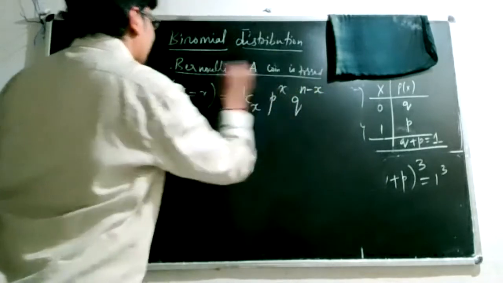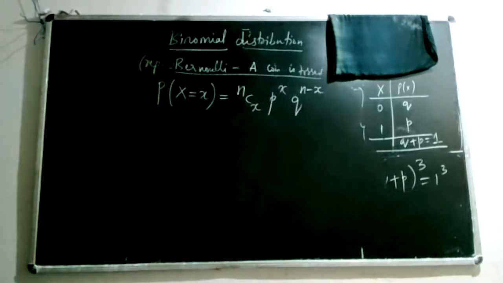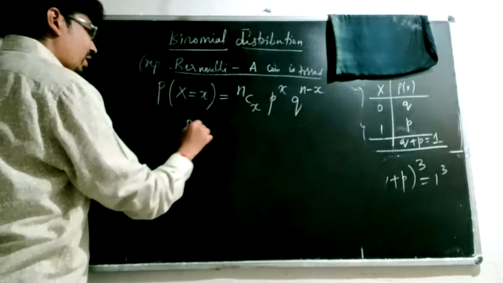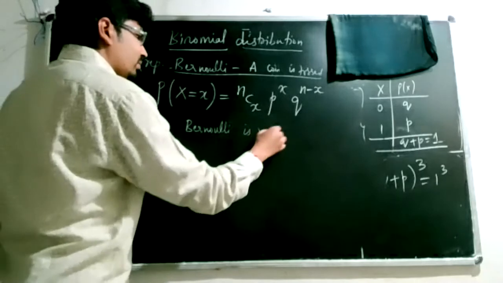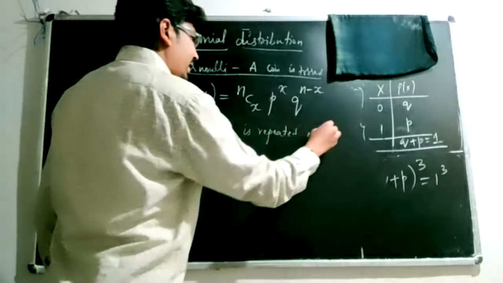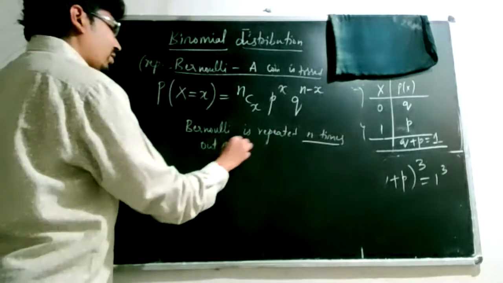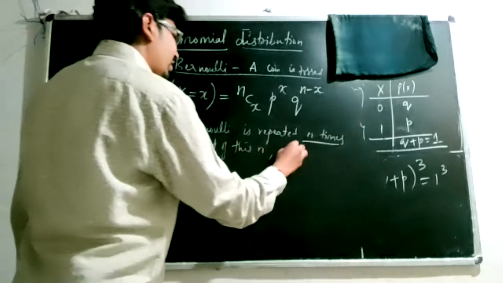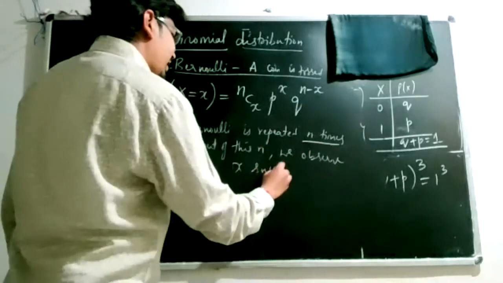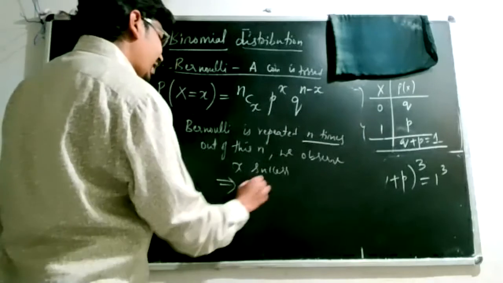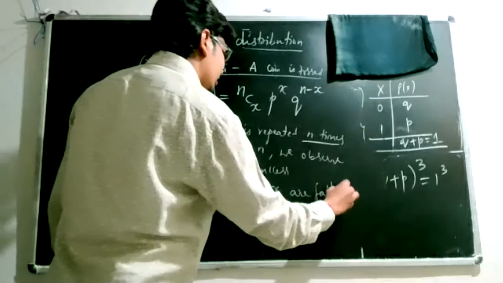So what we have understood here is, whenever we repeat the Bernoulli experiment n times, and out of this n we observe x successes, this implies the remaining n minus x are failures.